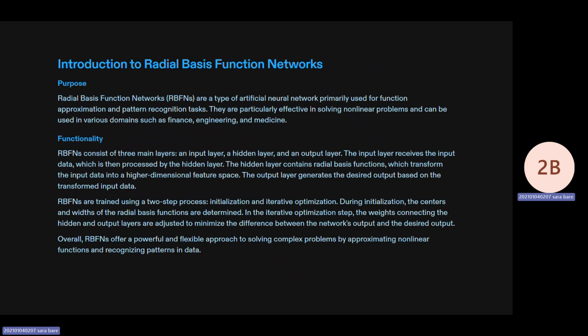The radial basis function networks are trained using a two-step process, initialization and optimization. During initialization, the centers and the width of the radial basis functions are determined. And in the iterative optimization, the weights connecting the hidden and the output layers are adjusted to minimize the difference between the network's output and the desired output.